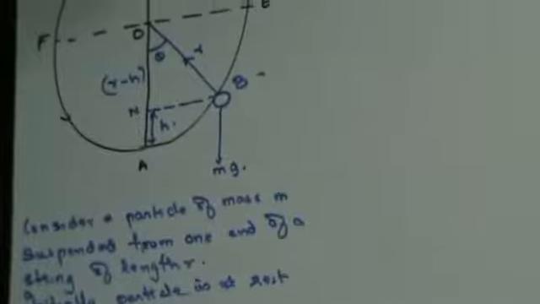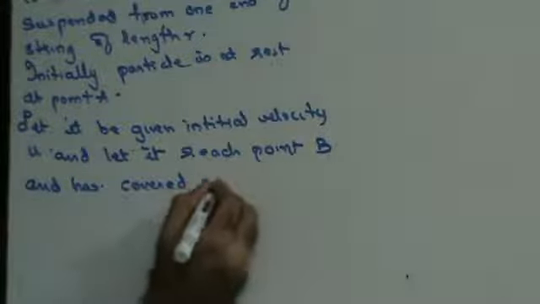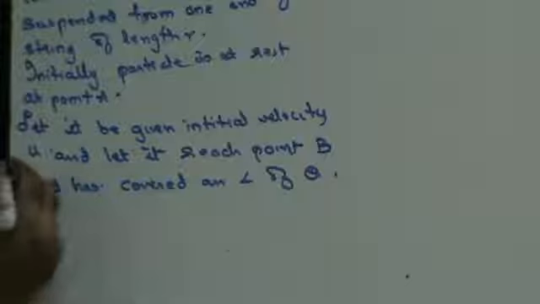So the body has reached point B and has covered an angle of theta. Let us assume that it covers an angle of theta at the center, right? Let us also assume that length AN is equal to h, right?